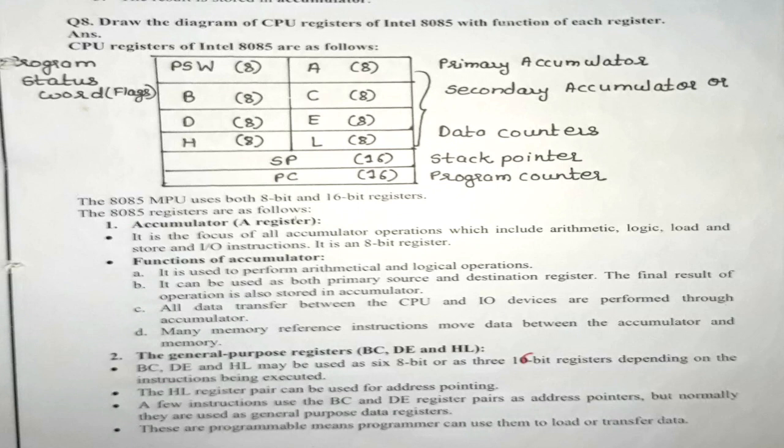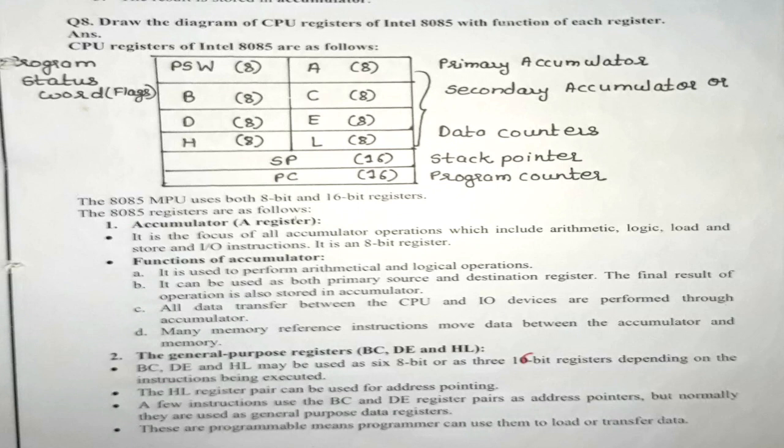Sometimes the final result is stored inside the accumulator, but I don't want the final result there; I want it in some temporary register. Then we can move the data from the accumulator to the temporary register.